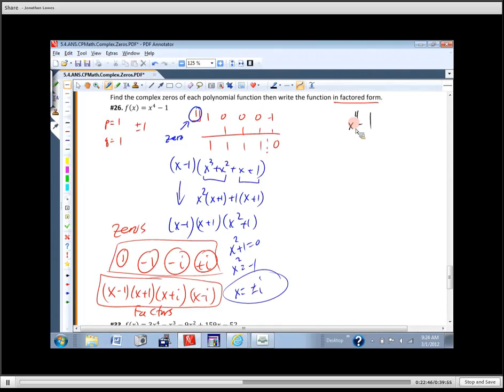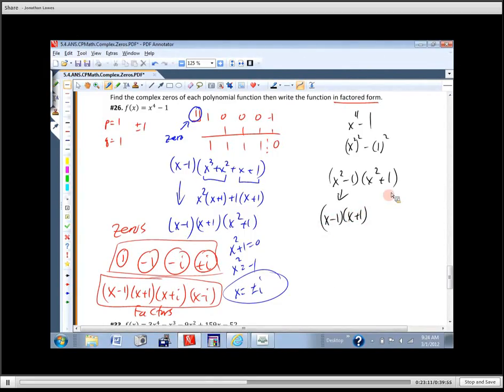Could we write x to the 4th as a perfect square? Sure. x squared squared, right? Is 1 a perfect square? So this factors to x squared minus 1 and x squared plus 1. This is a difference of squares, so it factors to x minus 1 and x plus 1.